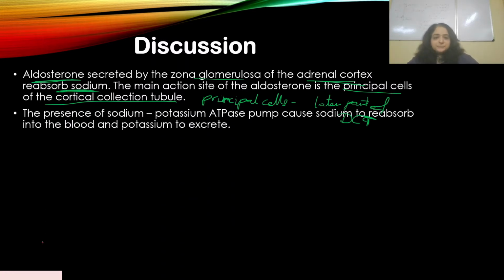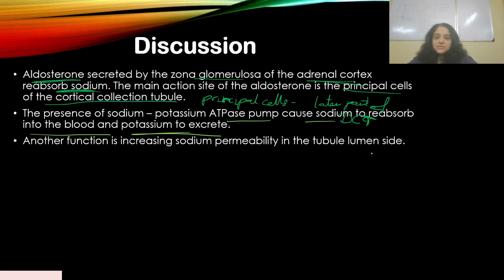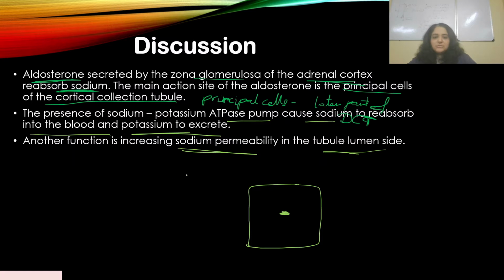Alright, so the presence of the sodium potassium ATPase pump causes the sodium to be reabsorbed into the blood and potassium to be excreted. That is one of the functions. On top of that, it also makes the tubule lumen side sodium permeable. So here you have the cell, here you have the lumen side, the tubule side, and you have the interstitial fluid side.